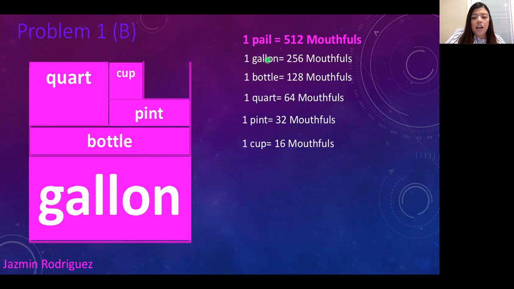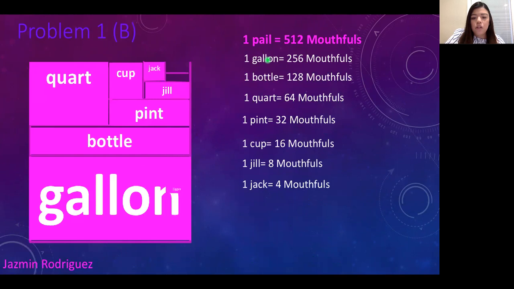And then we have our cup. That is 16 mouthfuls. And then we have gill, which is 8 mouthfuls, a jack, which is 4 mouthfuls, and then we have a jigger, which is 2 mouthfuls. And finally, we'll have a mouthful. And as we can see, we have room for 1 more mouthful in here.